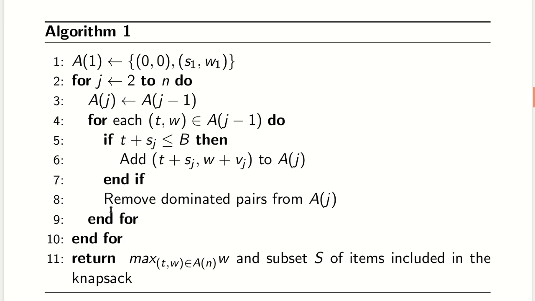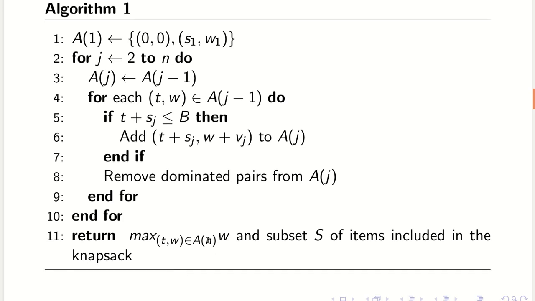At the end, we remove dominated pairs, which I'll explain later. After all this, when we get the final list An, we return the maximum w, considering all the pairs t comma w in An, and the subset S of items included in the knapsack.